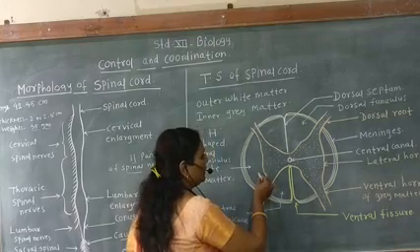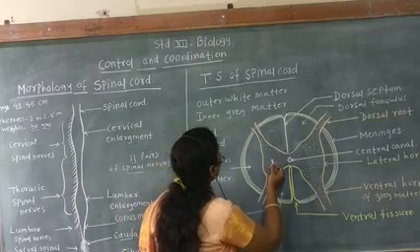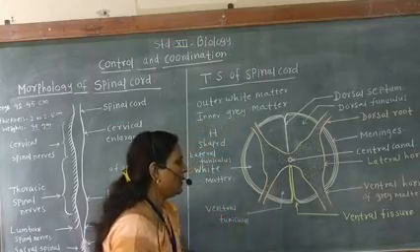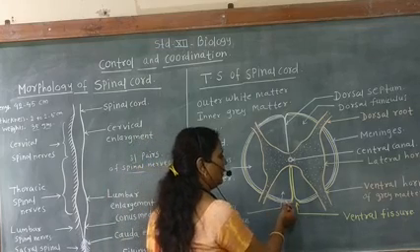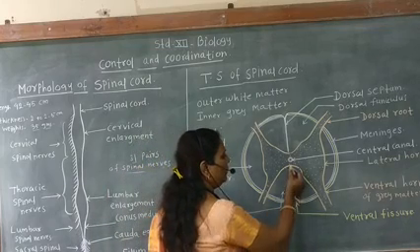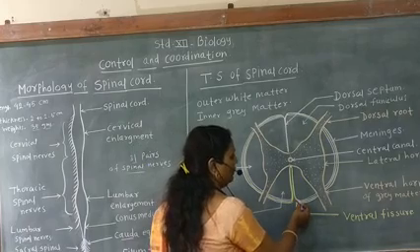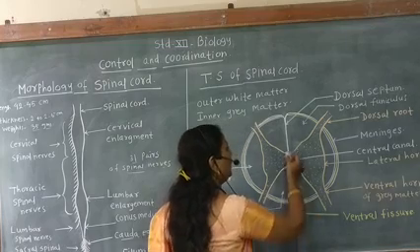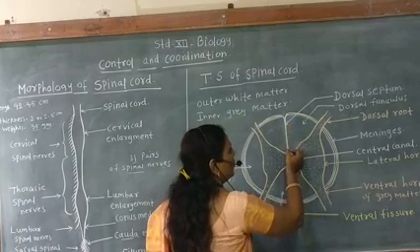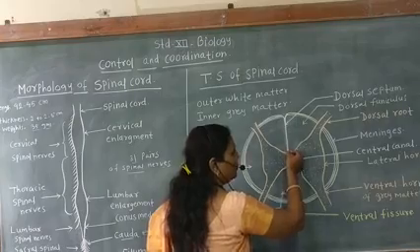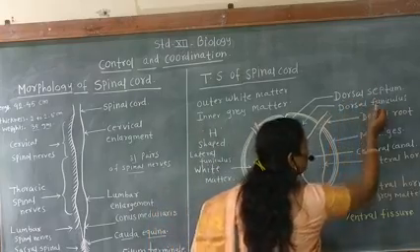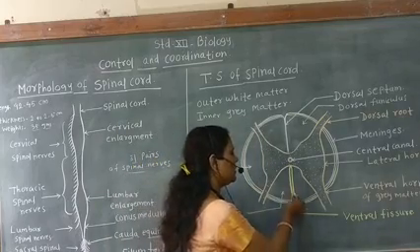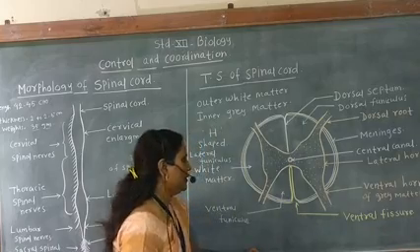This is the structure of the spinal cord in transverse section. On the ventral side it shows a deep fissure, called the ventral fissure, and on the dorsal side it shows a septum, called the dorsal septum. In the ventral fissure, blood vessels are also present.